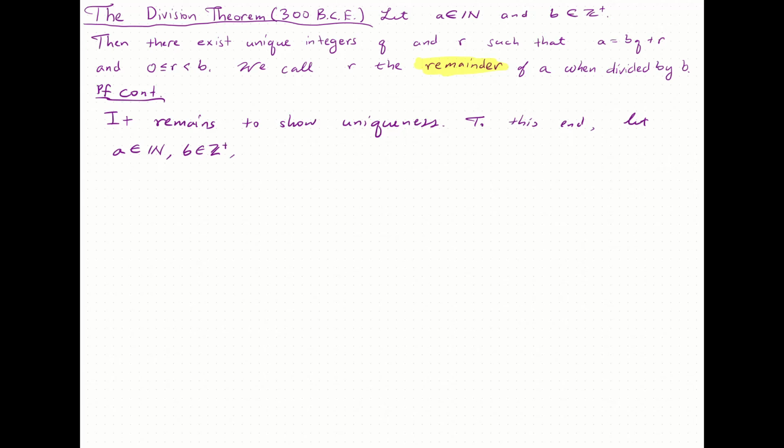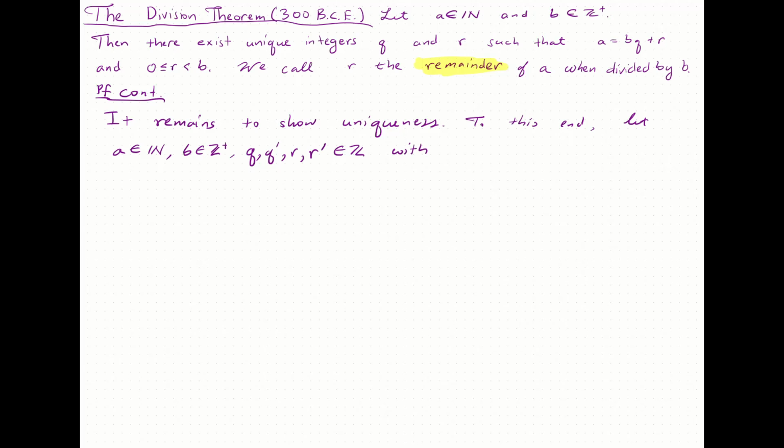And so to this end, let us go ahead and suppose we have a is a natural number, b is some positive integer, and now we are going to take q, q prime, r, and r prime to be integers.